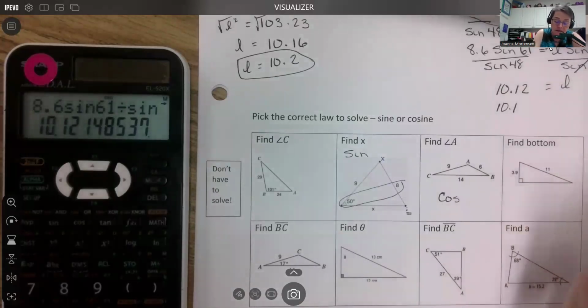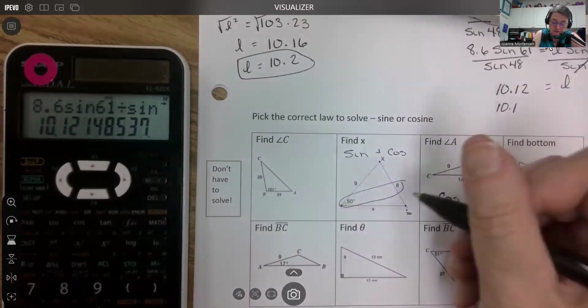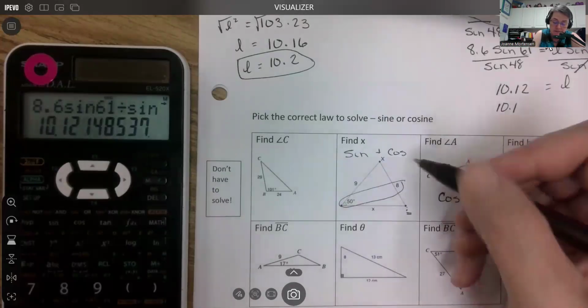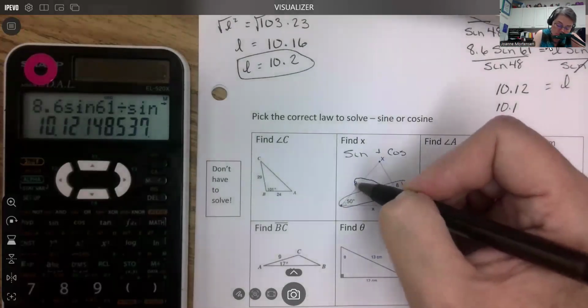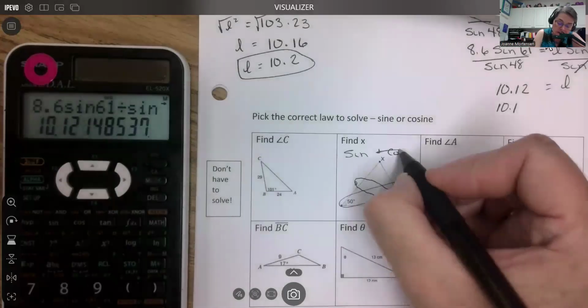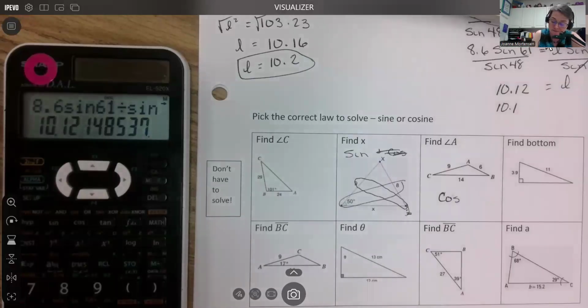I think you'd actually use sine and cos, because we don't have enough here, but you could find this one. It'd be sine law again. Oh, no, sine law a couple of times. I don't like that question.